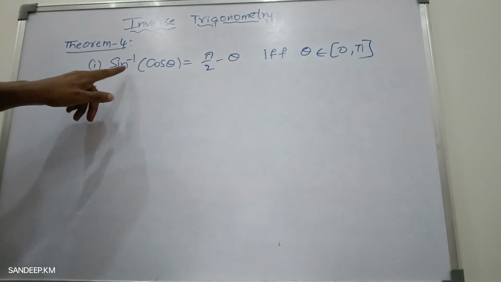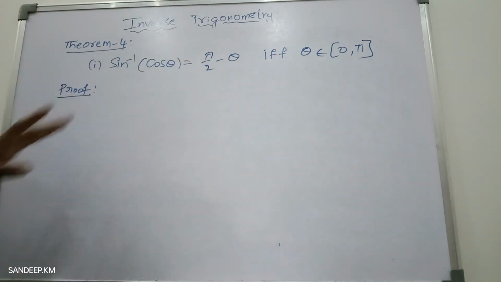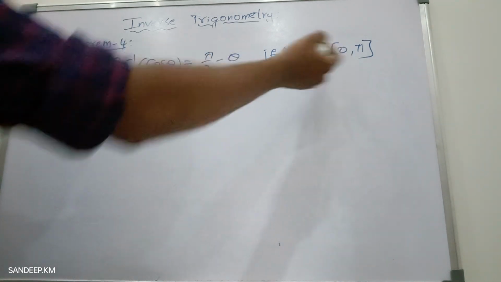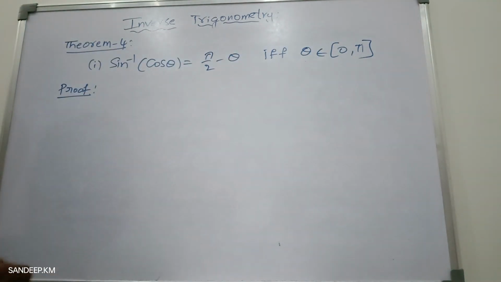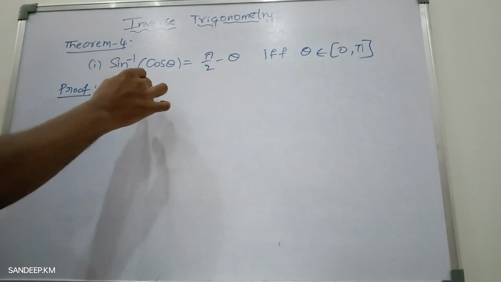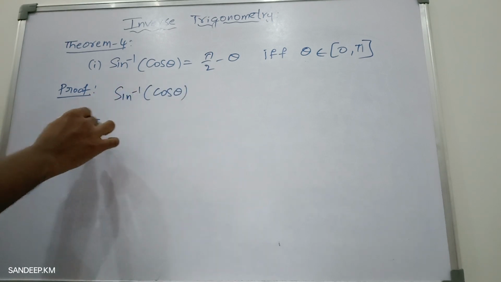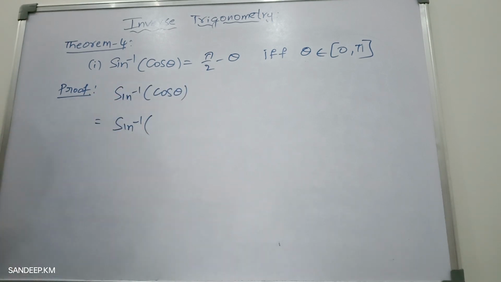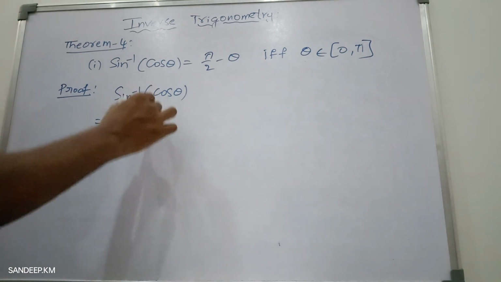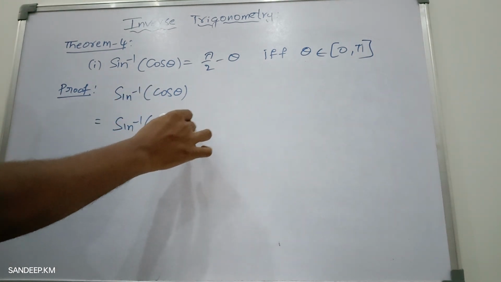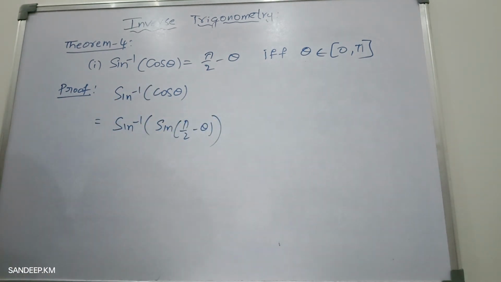Let us see how to prove that sin inverse of cos theta is equal to 90 minus theta, where theta is between 0 and pi. Okay, dear students. Sin inverse of cos theta is there, right? Sin inverse as it is. In trigonometry, we know that cos theta is sin of 90 minus theta.